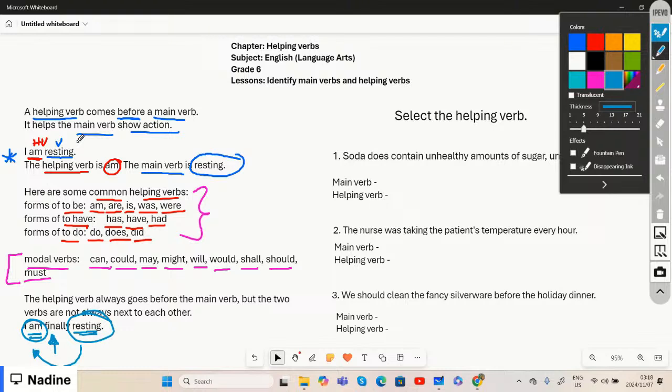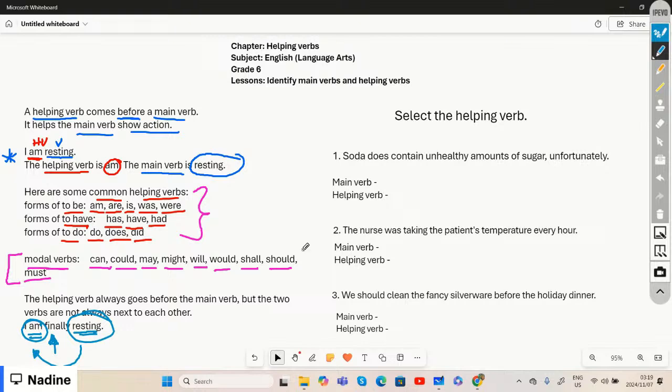Can, could, may, might, will, would, shall, should, must come before the main verb. And remember, the helping verb always comes before the main verb. It might not always be next to each other, but the helping verb will be in front of, or let's say before, the main verb, right?